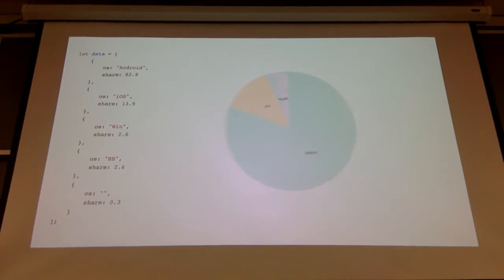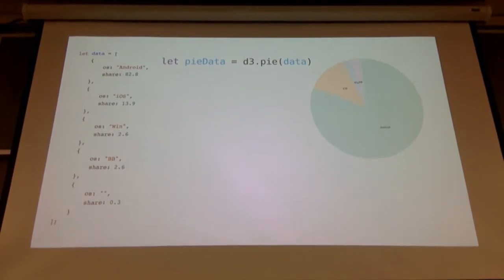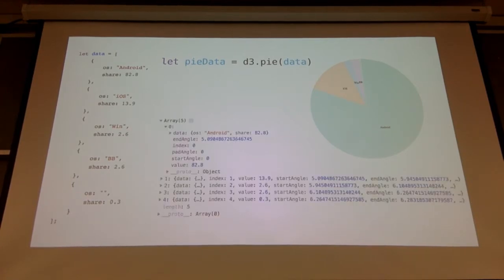So, the D3 pie call, this is that transformation creation call, like we saw in the list before. D3 pie is going to take in this data set and it's going to create another data set. Specifically, it's going to create a data set that contains all of the angles that you need for each of those different things to create your pie chart.